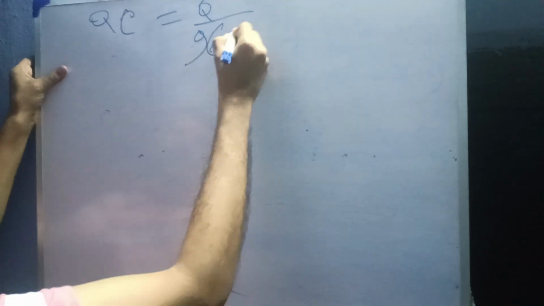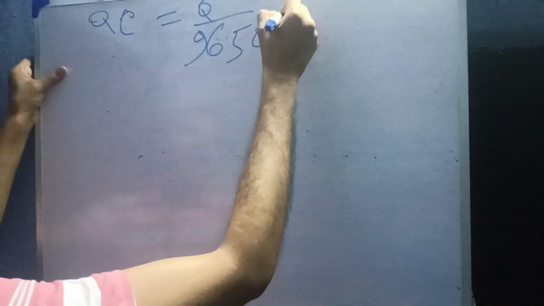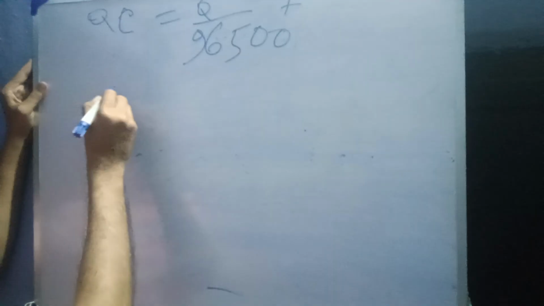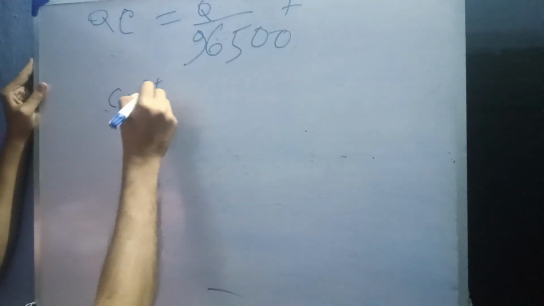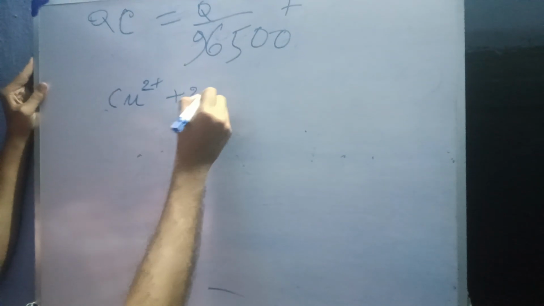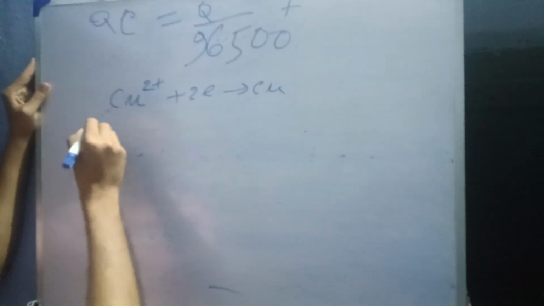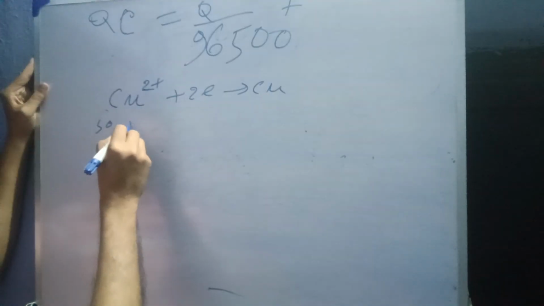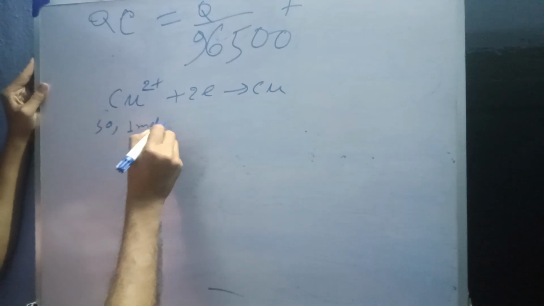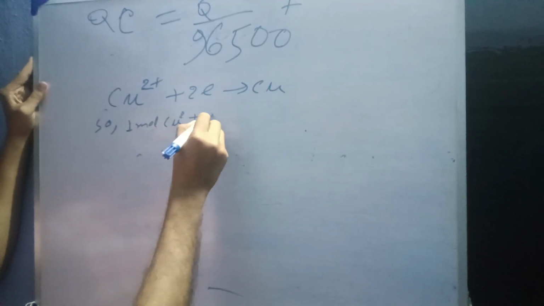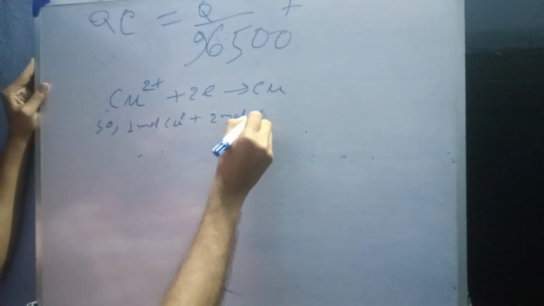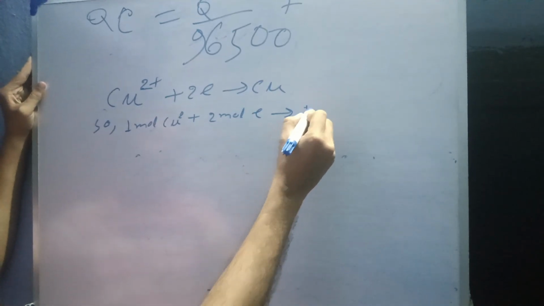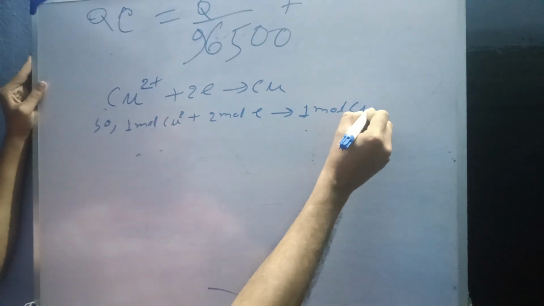So here, as q coulomb is equivalent to q by 96,500 Faraday, and in case of copper 2 plus, 2 electrons give copper, so 1 mole copper 2 plus, 2 mole electron is 1 mole copper.